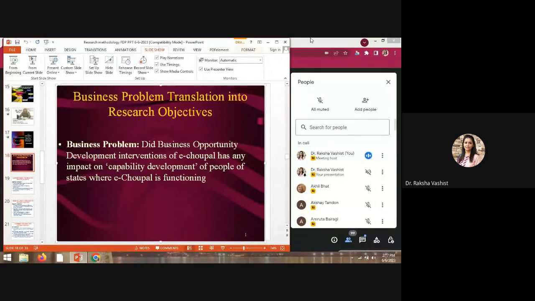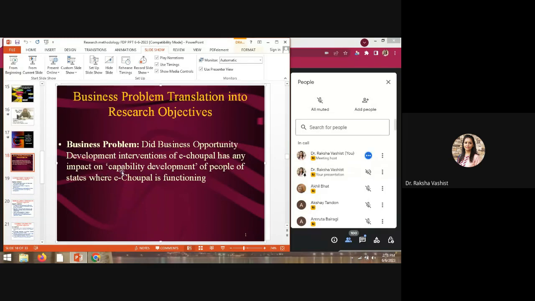we have to find out first what are the different development interventions. So our first research question is, what are the business development interventions? Then on the other hand, we have to know the capability development, that is the parameters of capability development. And thirdly, we have to know the impact of the first on the second.